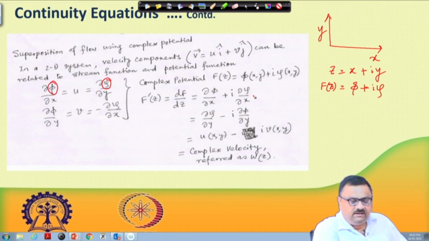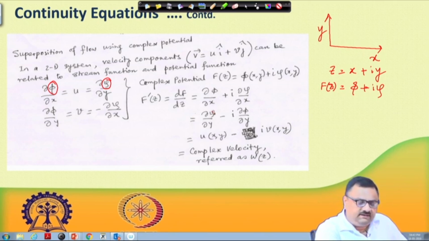Since the argument z itself is x plus i y, either you take the derivative with respect to x like this, or with respect to y, and then it becomes del psi del y minus i del phi del y.